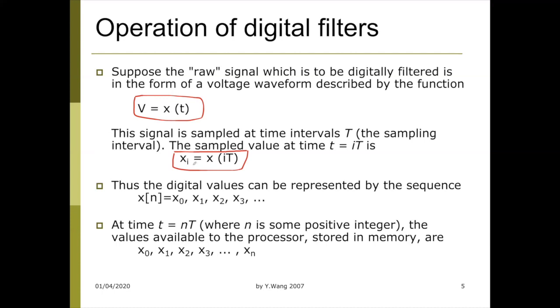Those values are basically snapshots of the original signal function, where we replace the continuous time t with an index number i multiplied by the sampling period. So every 22 microseconds or whatever, depending on the sampling frequency, you take the value. Eventually, the data becomes a bunch of numbers.